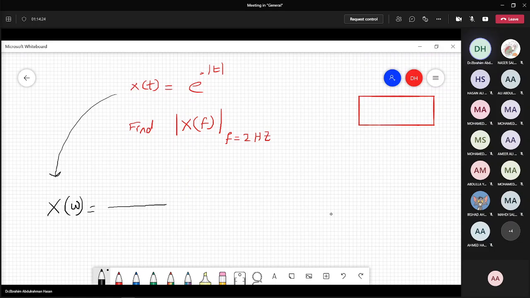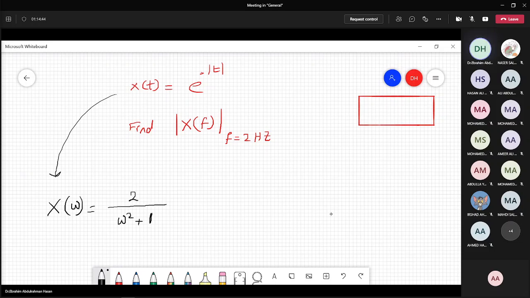It equals 2a over omega squared plus a squared, where a equals 1, so it is 2 divided by omega squared plus 1.